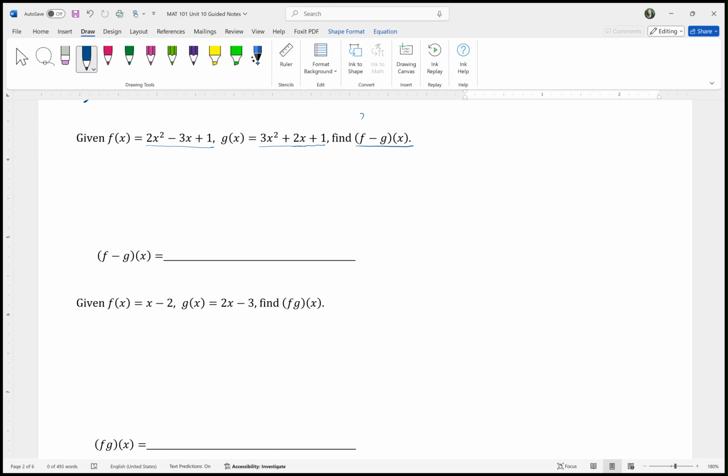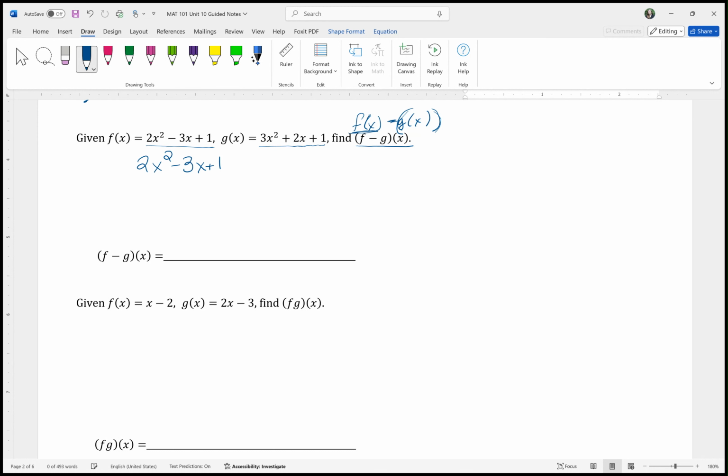When we write f of x minus g of x, we're not just saying minus the first term in g of x. We're saying minus all the terms of g of x. So I normally am going to write this as writing the f of x function, then minus, and we're going to put parentheses and then put the g of x. So let's do that. Our f of x is 2x squared minus 3x plus 1.